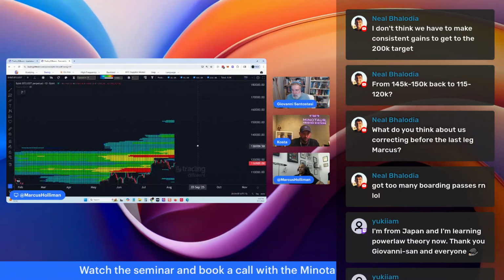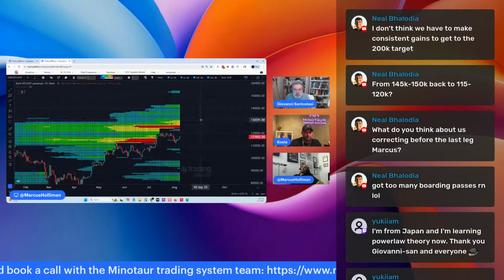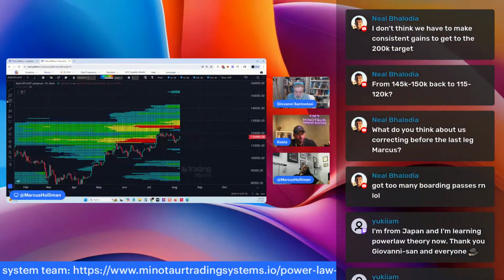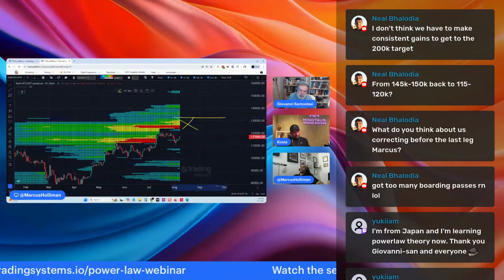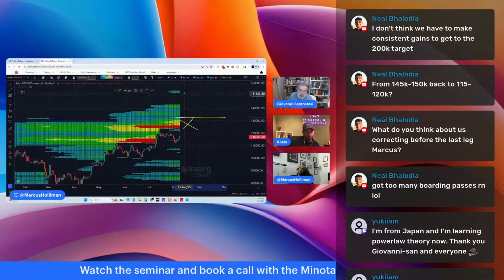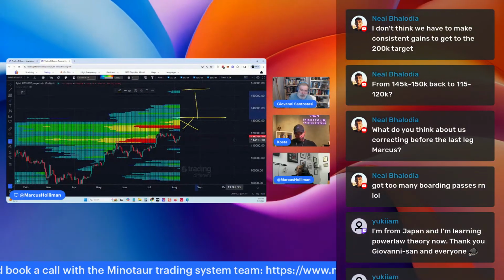Absolutely. Now, 130 is what the power law says. We are going to 130 no matter what by the end of the year. So we have this window between 130 and 160 where you're going to see some additional volatility.